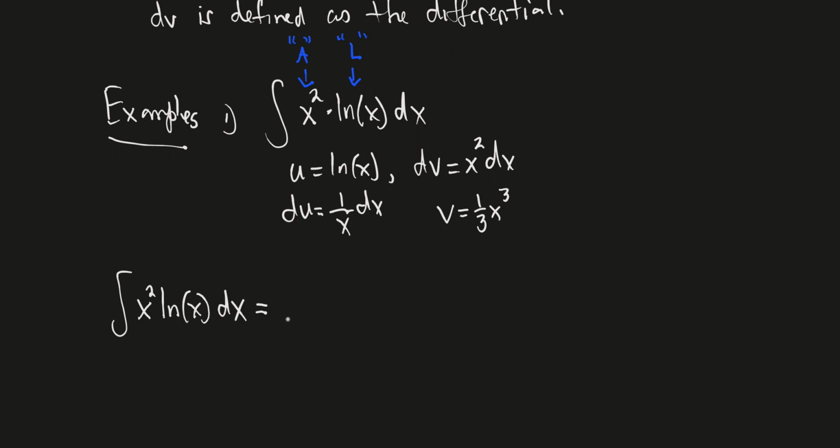It says the integral of this product can be expressed as u times v, so here's my u, times my v, minus the integral of v, which is 1/3 x cubed, times my du, which is 1 over x dx. Right? And then the question is, is this one easier to work with?